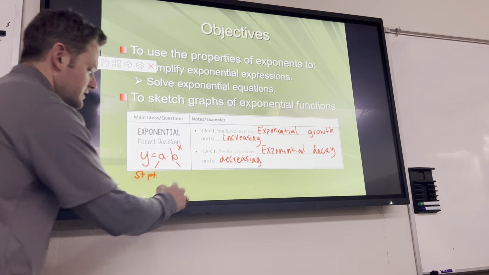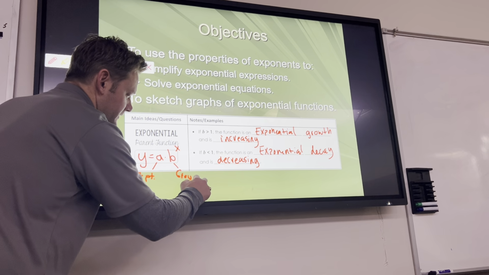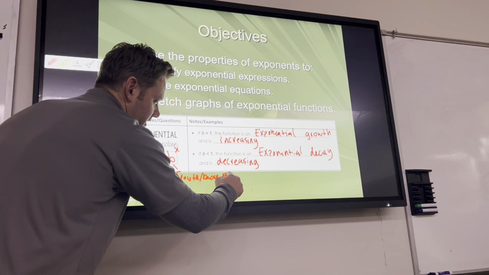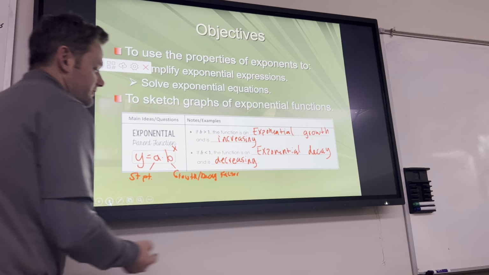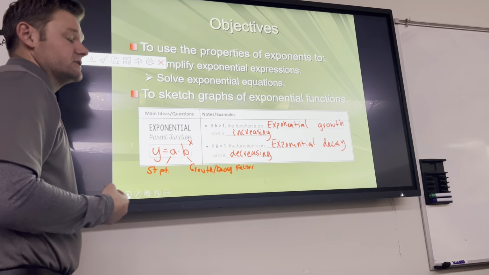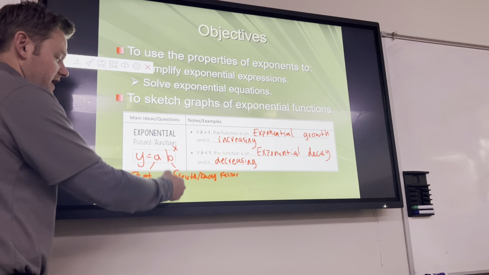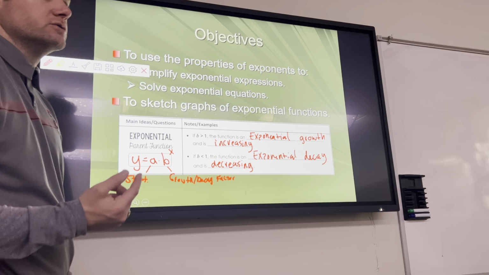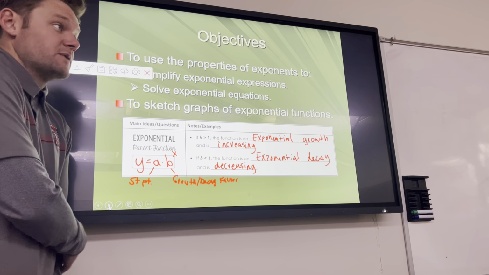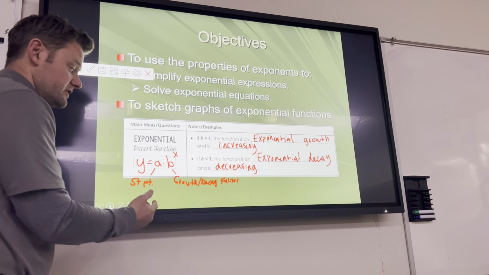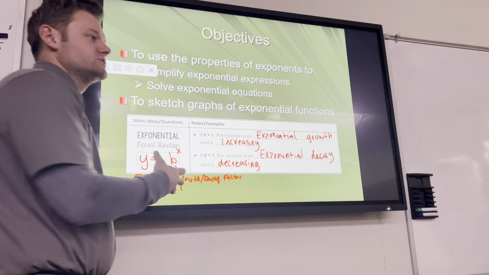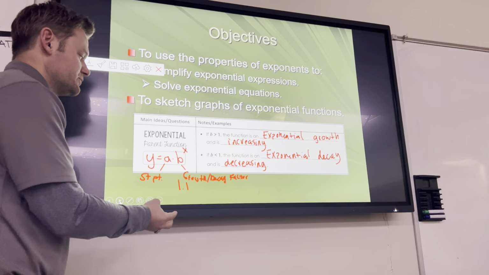Our b is our growth or decay factor, and I call it a factor because we need to manipulate it. If I knew something doubled over a period of x, I could make my b 2. If it increases by 10% for every period x, my b would be 1.1. I add 1 to it while I'm dealing with percent increases.